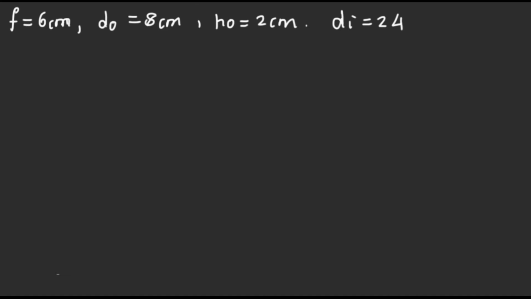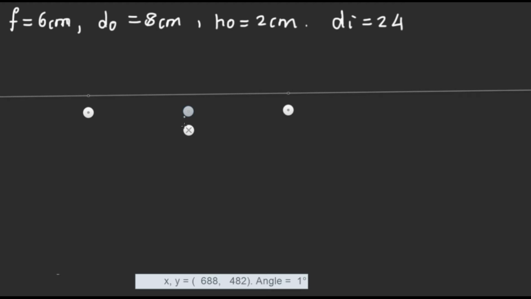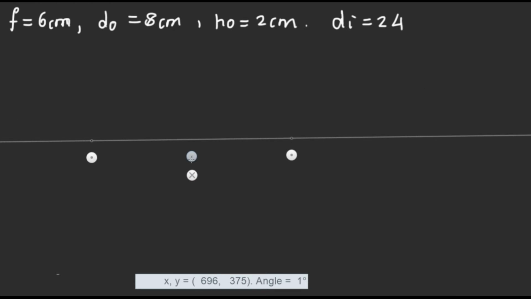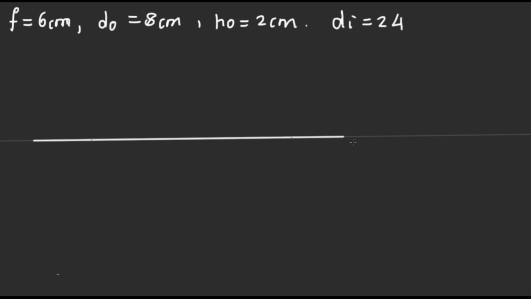So as usual, you first need to begin by drawing a principal axis. Then here I'm going to put my lens.